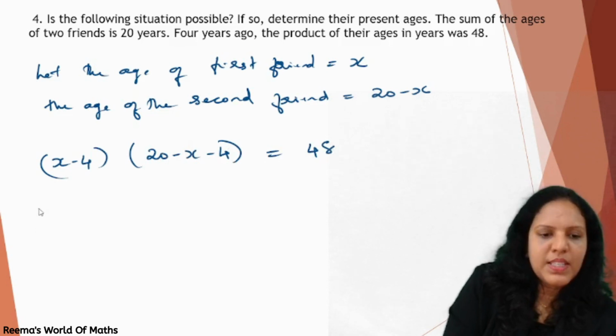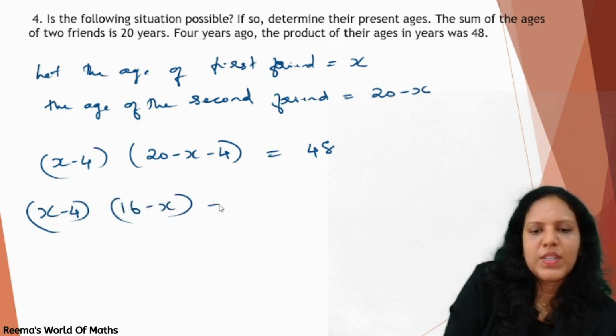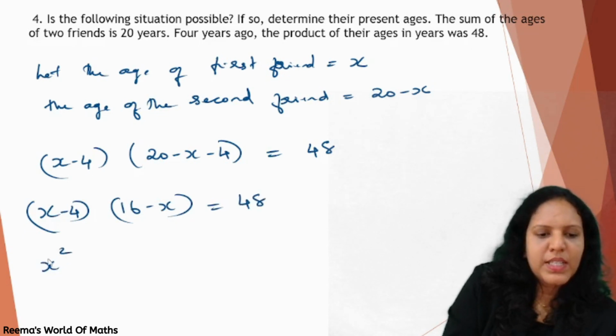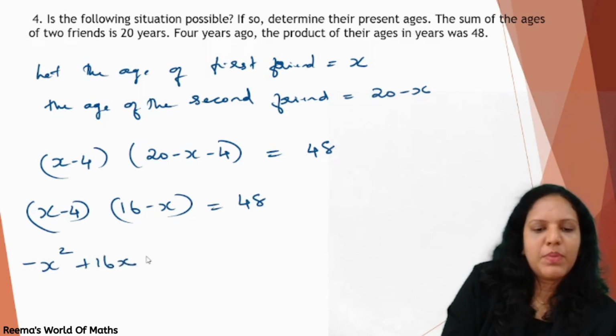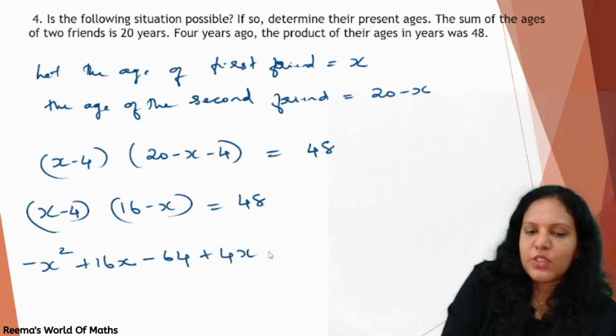Let's simplify this: x minus 4 multiplied by 16 minus x equals 48, which is 16x minus x squared minus 64 plus 4x, and take the 48 to this side, so minus 48 equals 0.